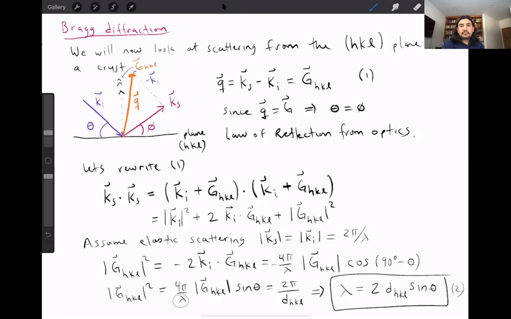Questions? Okay, this is from the last lecture, but can you remind us a little bit what G was? The G vector is the direction of G. The direction of G is the normal to the planes, the unit vector, and the magnitude of G is the inverse of the spacing between planes.